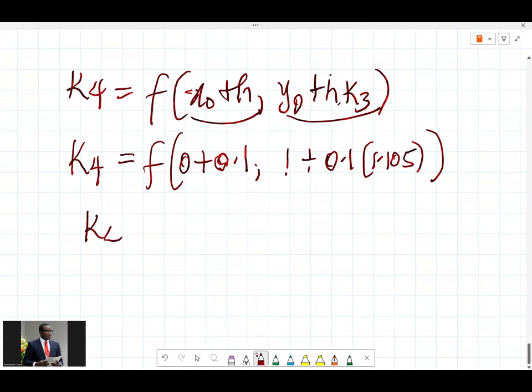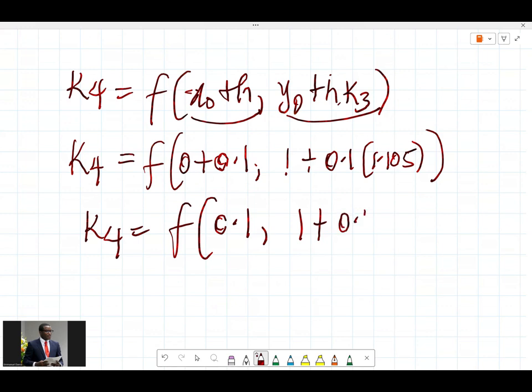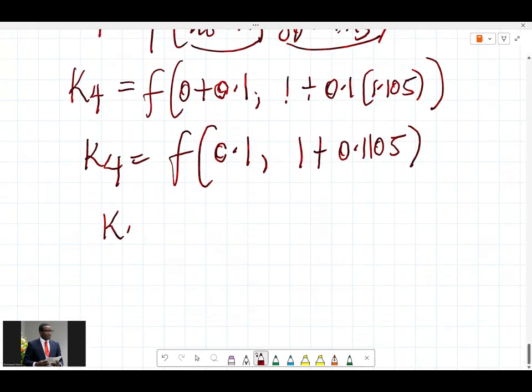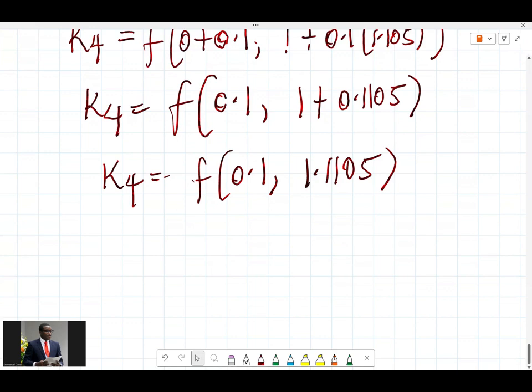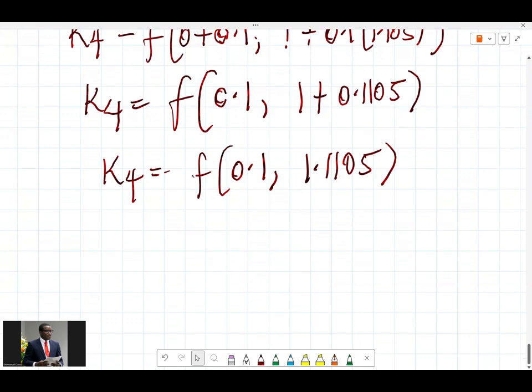So we have K4 now equals the function of 0 plus 0.1, that's 0.1, comma 1 plus 0.1 times 1.105, that's 0.1105. So K4 is equal to f of 0.1, comma 1.1105. It means that we can then add the two together simply.